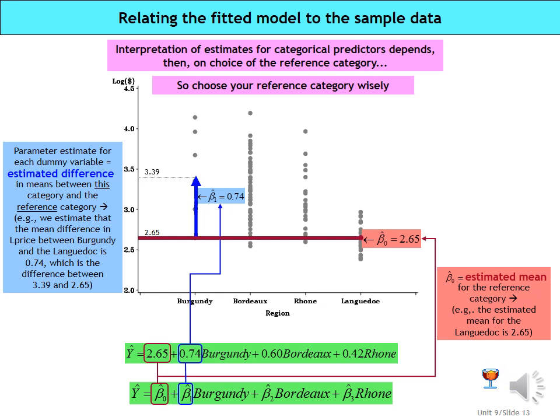The parameter estimate for each dummy variable is the estimated difference in means between that category and the reference category. So we can calculate the mean for Burgundy, for example, 3.39, by looking at this reference point and this beta value. The same thing happens for beta 2, and also for the Rhône.